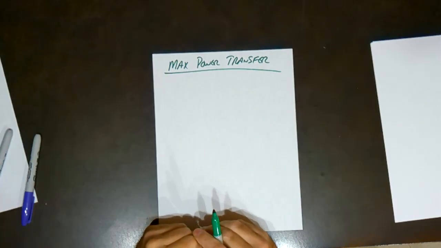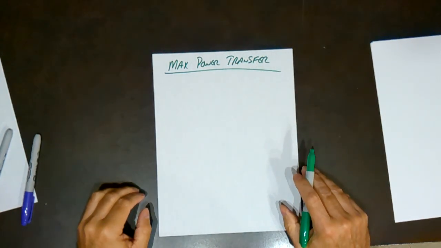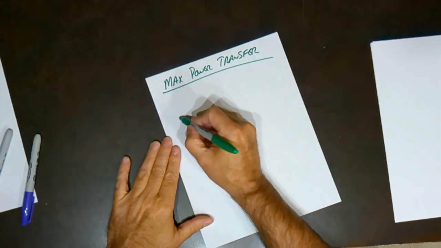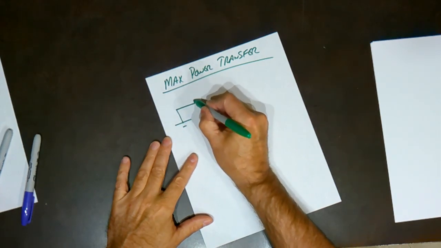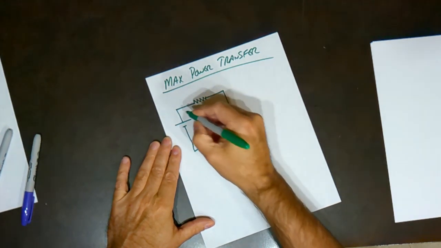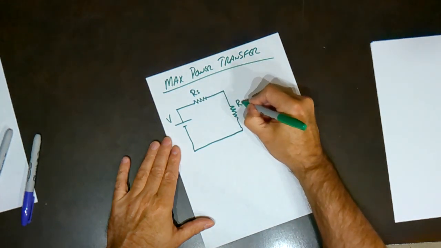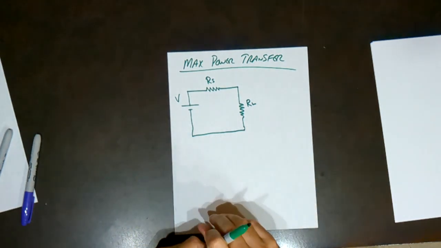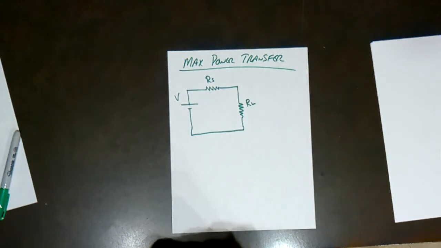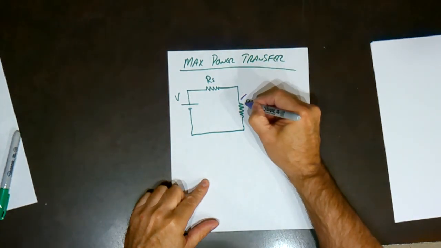All right, so now what we've got is maximum power transfer. So first of all, let's talk about what is maximum power transfer. Maximum power transfer is if I had a circuit with a voltage and an internal resistance and a load, transferring the maximum amount of power to the load.